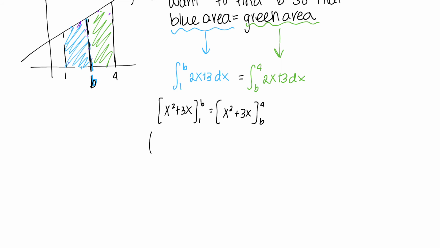So plugging in our bounds, we have b squared plus 3b minus 1 squared plus 3 times 1. On the other side, 4 squared plus 3 times 4 minus b squared plus 3b.